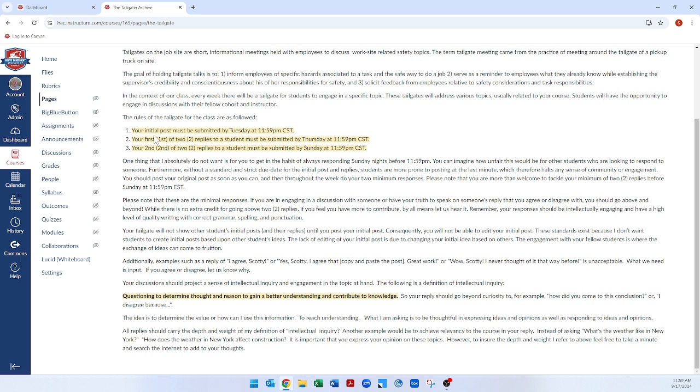Your first one, your initial, is Tuesday at 11:59. Your first of 2 replies to a student, that means to another student, is due by Thursday at 11:59. And your second of 2 replies to another student is submitted and due no later than Sunday at 11:59 Central Standard Time.